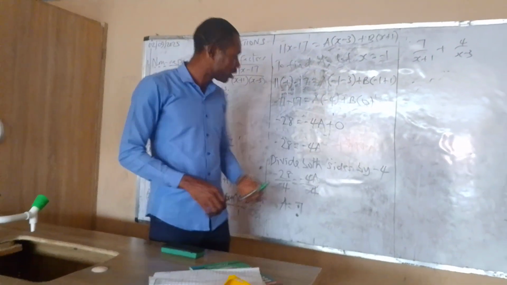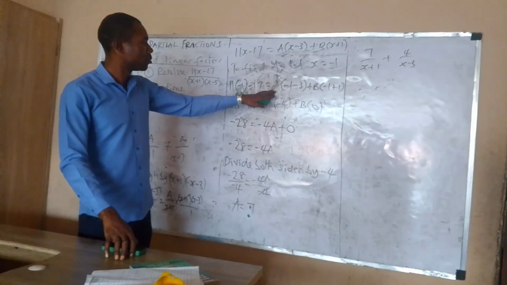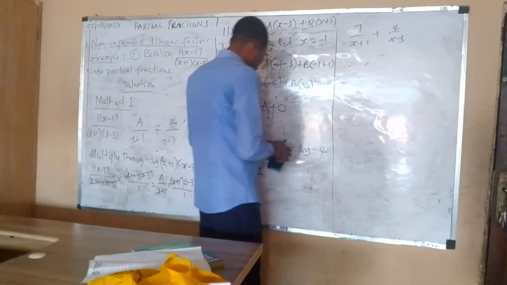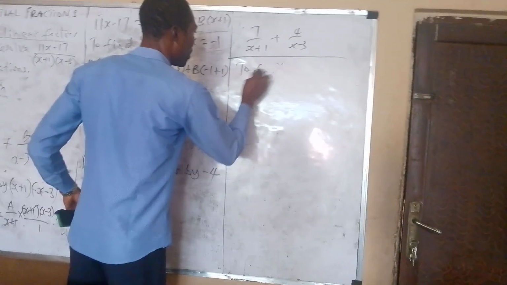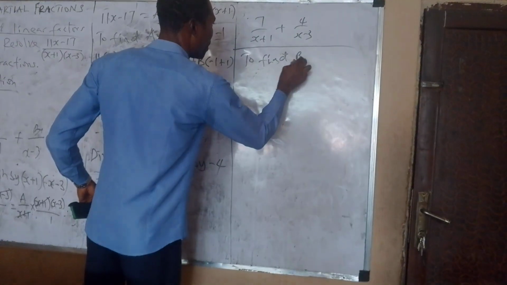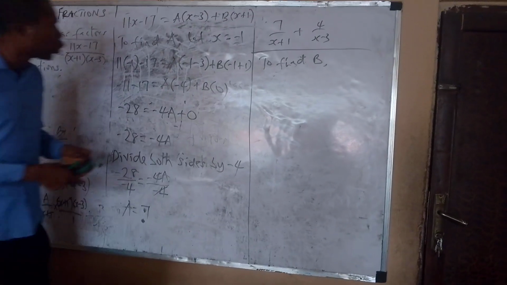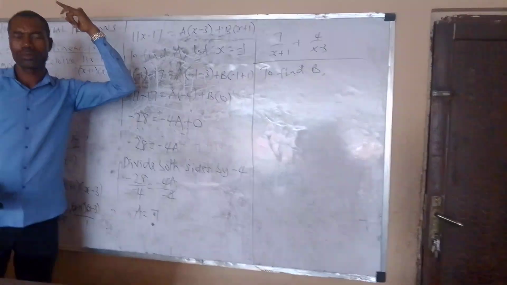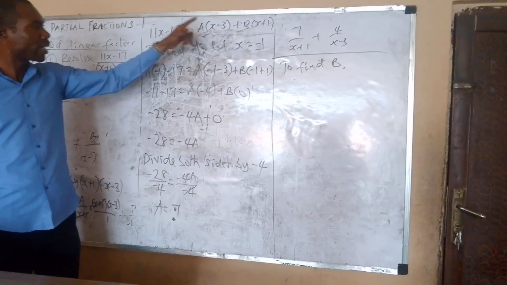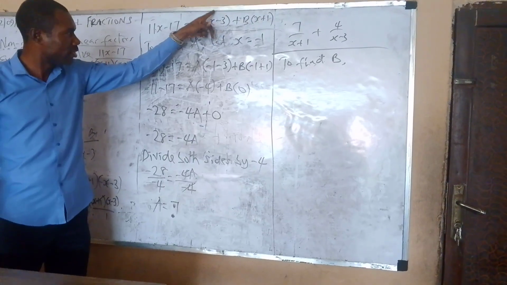Now let's find b. The same thing you did here, do for b. To find b, I need to eliminate a, this a. I want to eliminate it. So what value of x will make this 0?